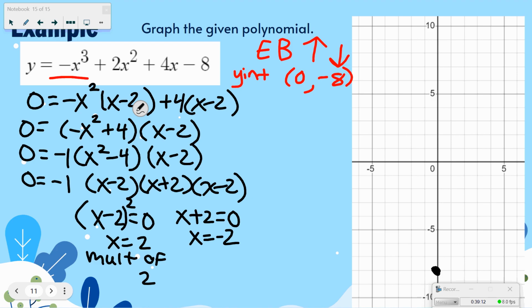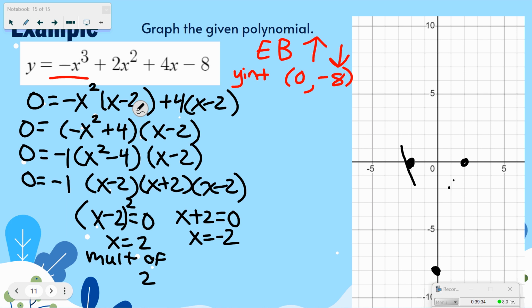So we know we're going to cross our x-axis at a +2 and a -2. And I know at -2, what does it look like through, or I should just gave it away kind of. At -2, you just cut right through, right? Because there's no multiplicity.